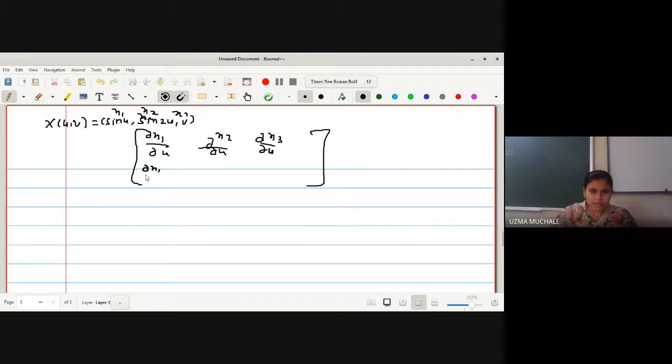Then x1 with respect to v, x2 with respect to v, and x3 with respect to v, which is equal to, what is the derivative? x1 with respect to u, cos u, then we have 2 cos 2u, then this 0, then with respect to v this is 0 and 1.